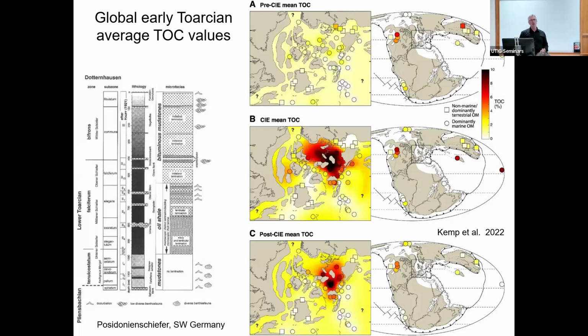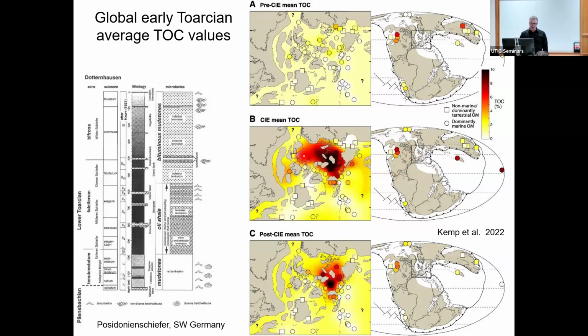So what is less global in terms of its extent is the amount of total organic carbon which is present in these early Toarcian rocks. So this is another very useful global compilation here. And what you're looking at here is the amount of total organic carbon in sections where it's been measured. In this case, before the carbon isotope excursion in the falciferum zone of the early Toarcian. This is during the falciferum zone itself.